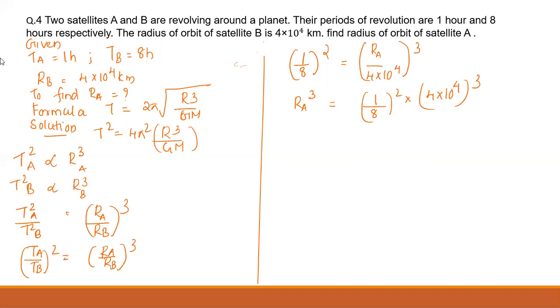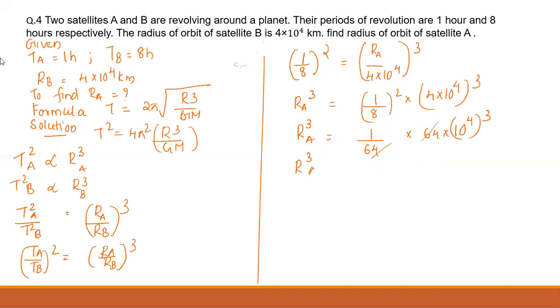Okay. That is RA cube is equal to 1 upon 8 square. 8 square is 64 into 4 cube. 4 cube is 4 into 4 into 4. That is 64 into 10 raised to 4, the whole cube will come. Okay, 64 will get cancelled.